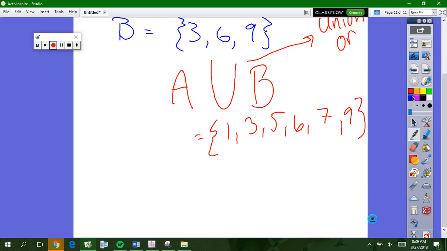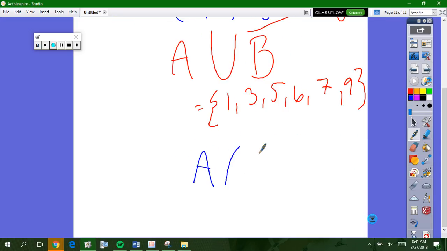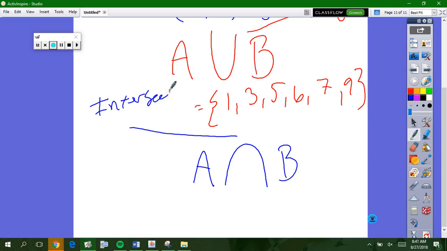Union's always an or. So this one means intersection. An intersection, if you think about it, is where they overcross, correct? If you think about a road. Okay? It's what they share. Like an and statement. And means it has to be in both.